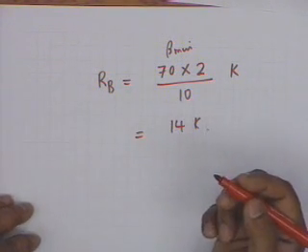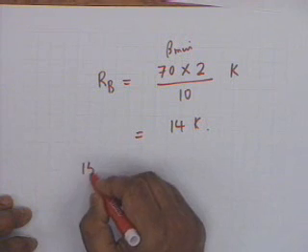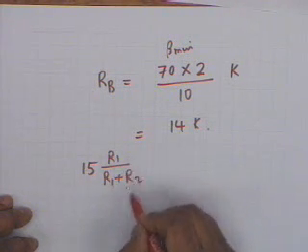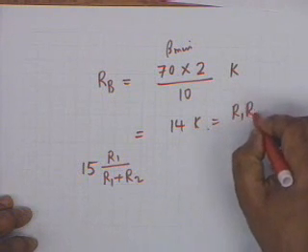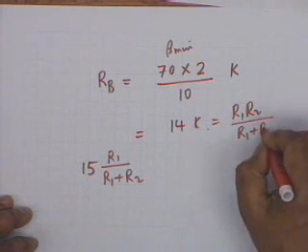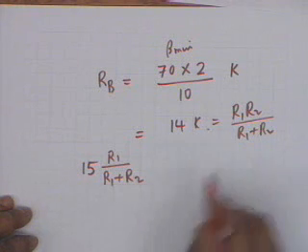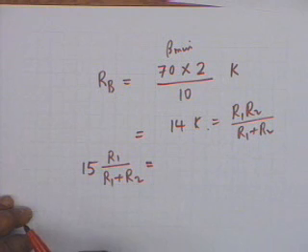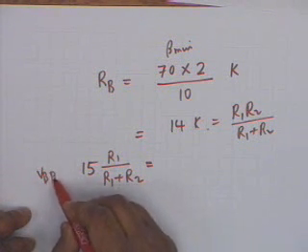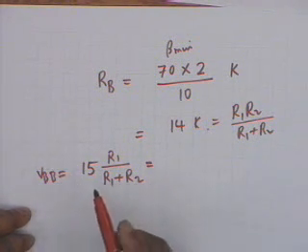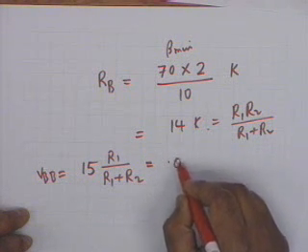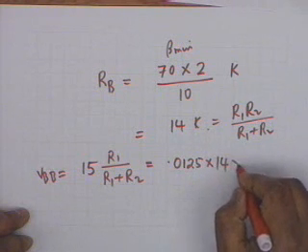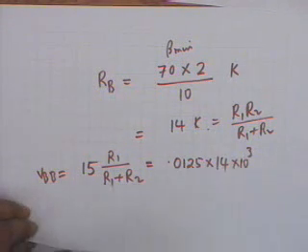Then we have to find out VBB. VBB would be 15 R1 divided by R1 plus R2. Well, this is R1 R2 divided by R1 plus R2, R sub B. Then VBB would be equal to IB RB, which is 0.0125 multiplied by RB, already taken, 14 times 10 to the 3.